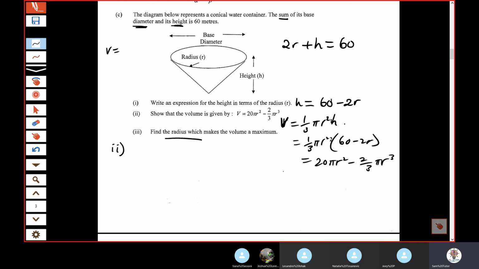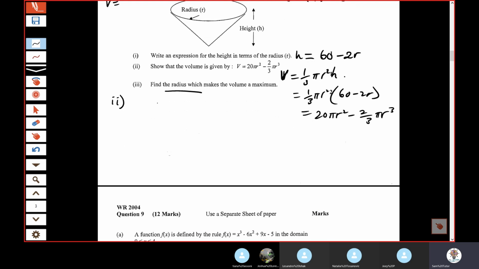Let's do it. V. dV on dr equals 40 pi r minus 2 pi r squared. Oh yeah, why did you have 3? Should be two, I think so. Is that fine for everybody?